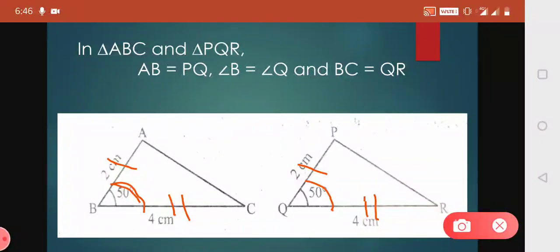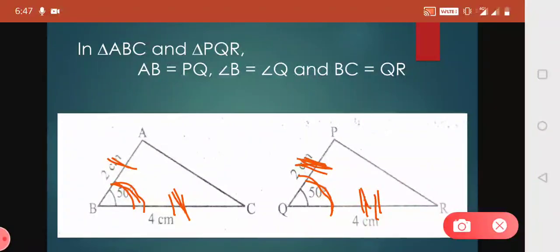You can see in the figure that angle B lies between AB and BC. So this is called the included angle. Similarly, for PQ and QR, angle Q is in between these two sides.